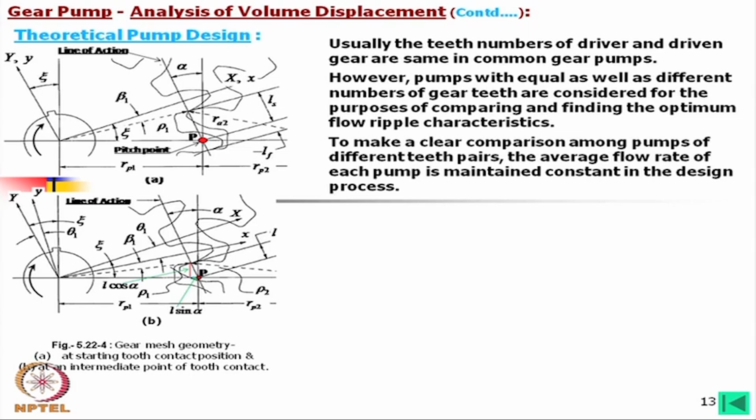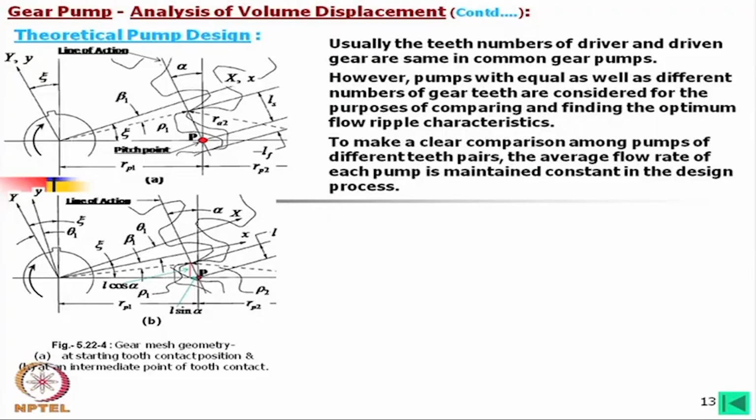Or in other words, depending on the flow rate, suppose we select the teeth number, then the speed, whatever it might be, or center distance, working pressure angle, all we fix up. So, we can equate for non-dimensional flow.